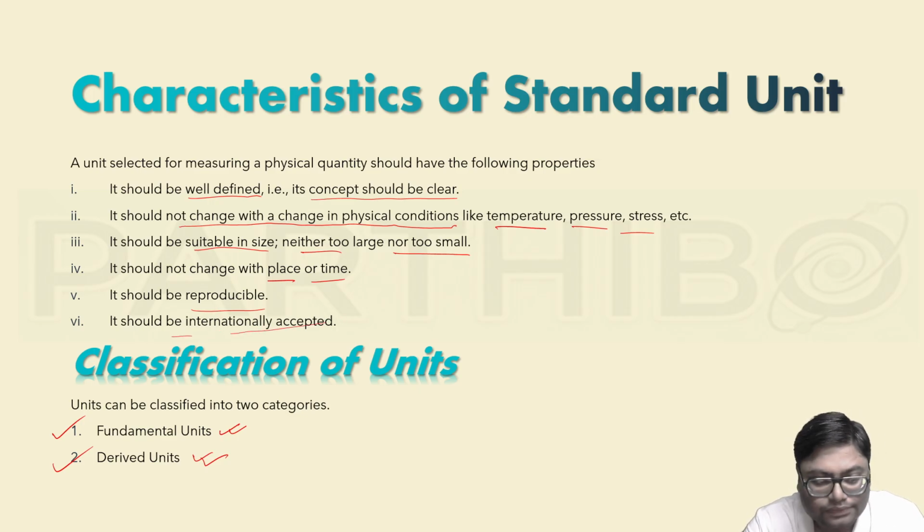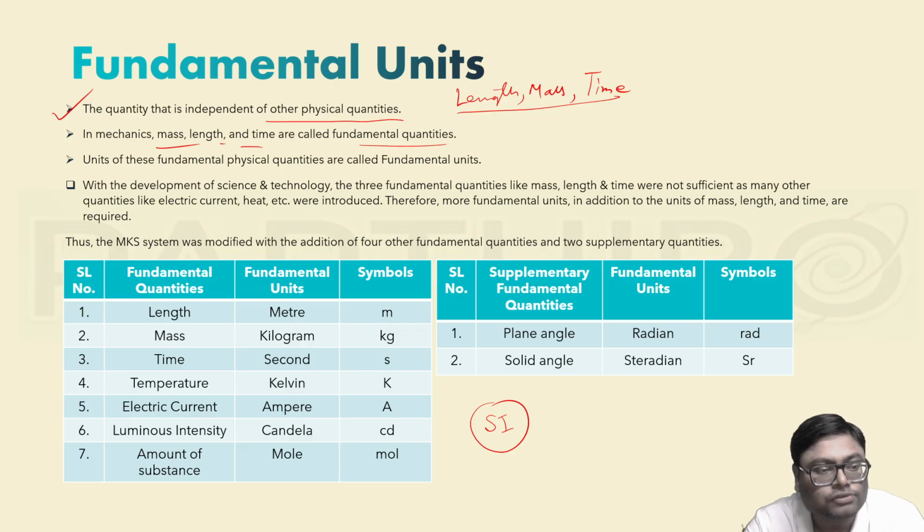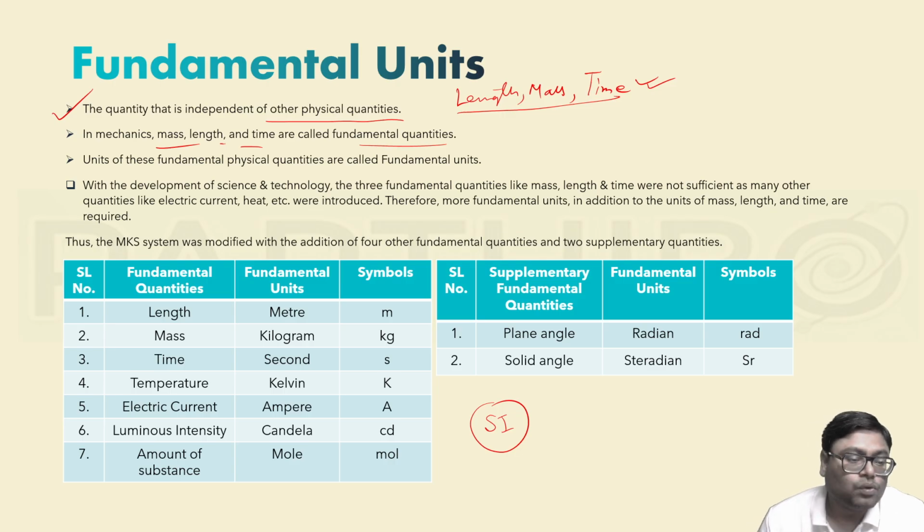Now we have already talked about fundamental units. With the development of science and technology, these three fundamental units are not able to express everything that physics has discovered. So we have taken the original MKS system and added 4 more fundamental quantities and 2 supplementary quantities.